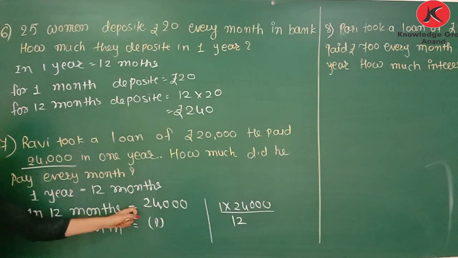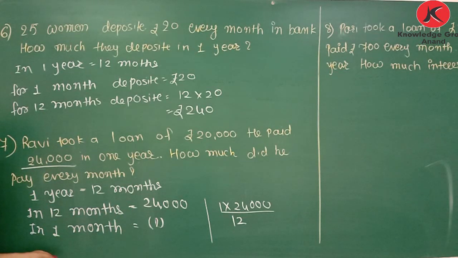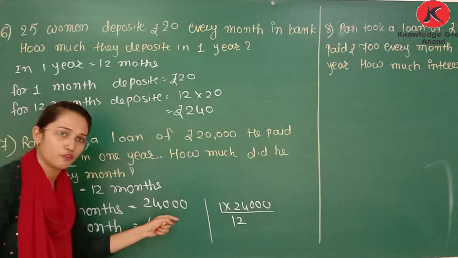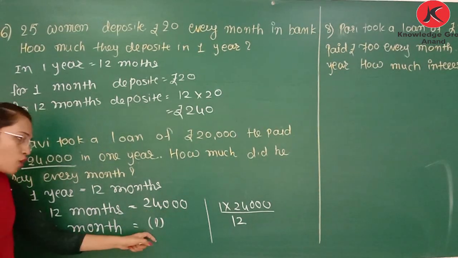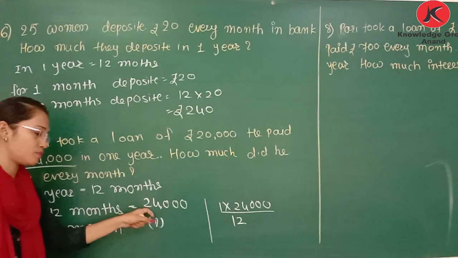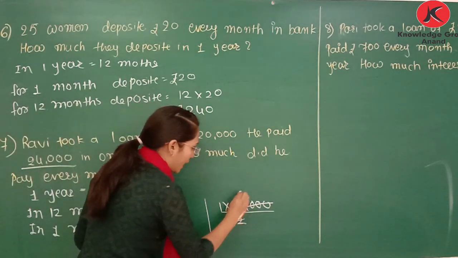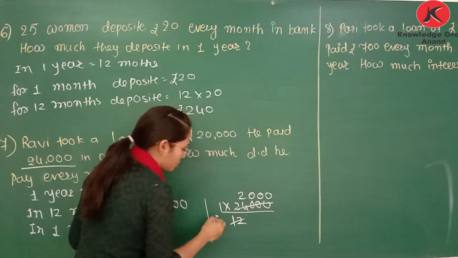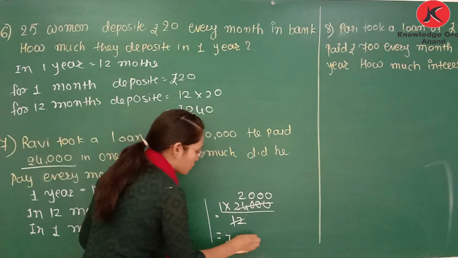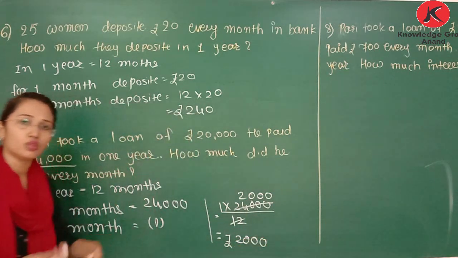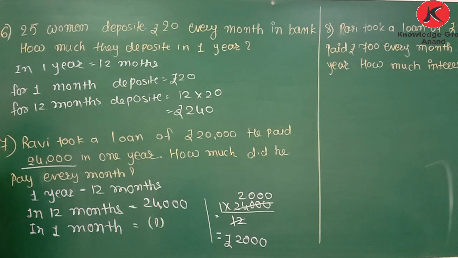Okay, 12 months is given, we need to find for 1 month. So we can write in 12 months he paid 24,000. So in 1 month how much? Cross multiplication, 1 is multiplied with 24,000, and 12 will be in the division. If you divide these you will get 2,000. So rupees 2,000 means every month 2,000 rupees is paid.